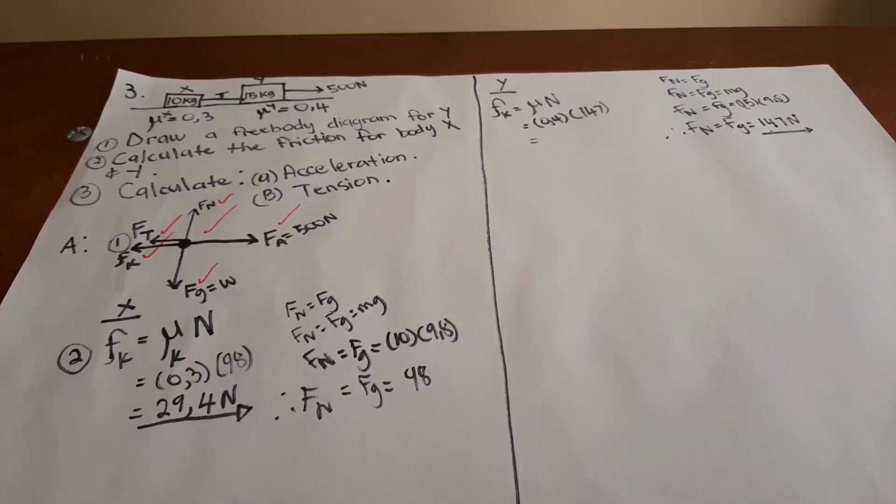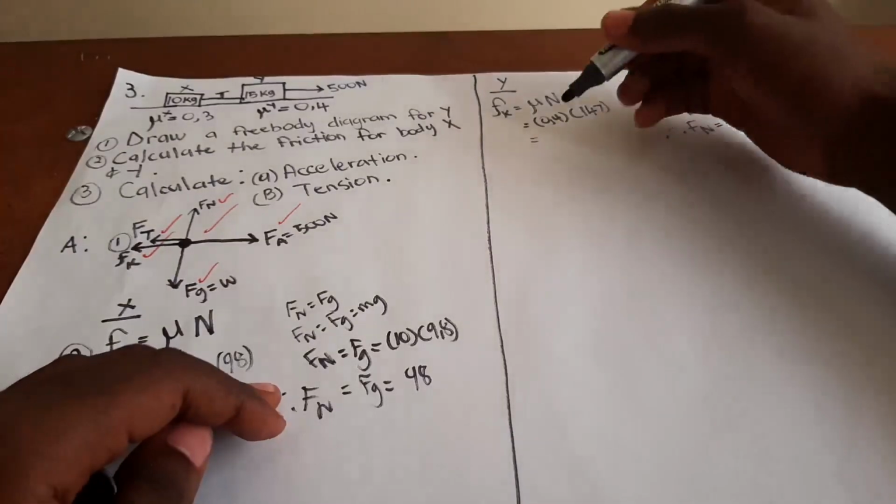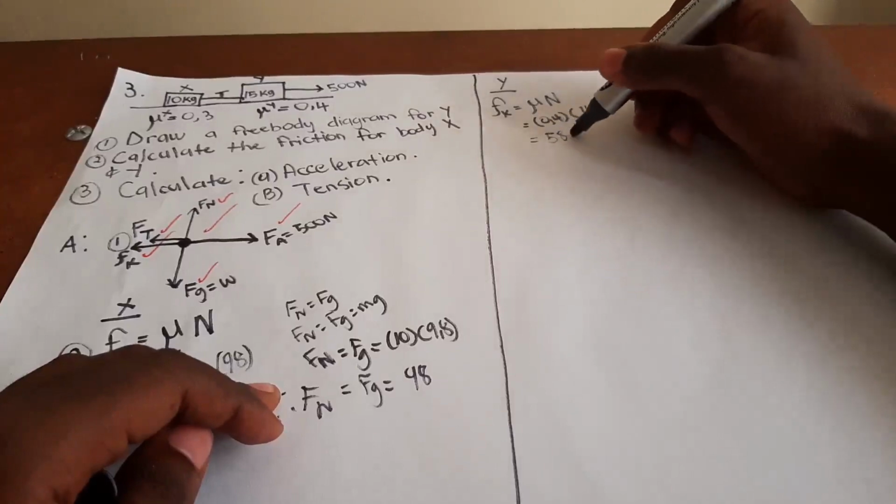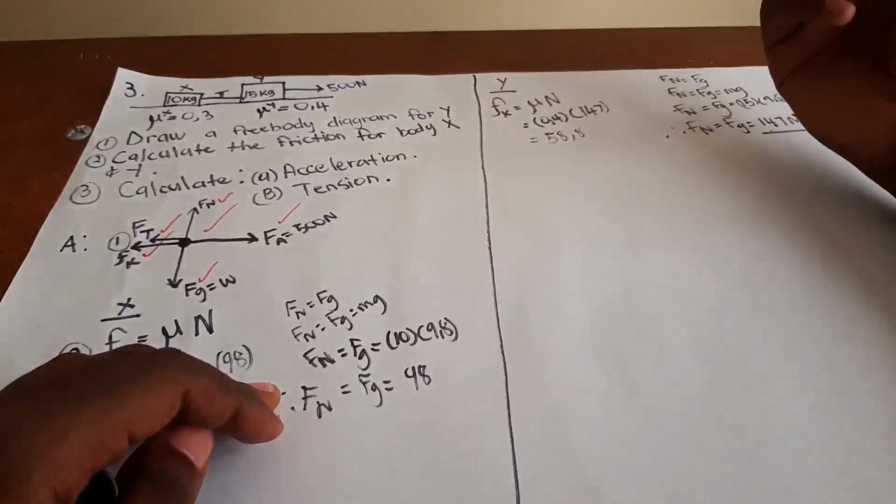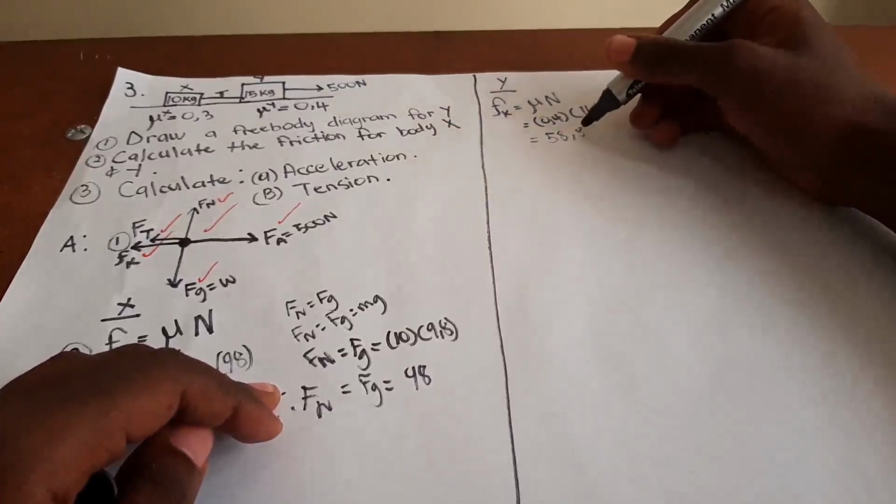Let's multiply 0.4 multiplied by 147. That's 58.8. I'm not sure if my calculator is rounding off correctly.